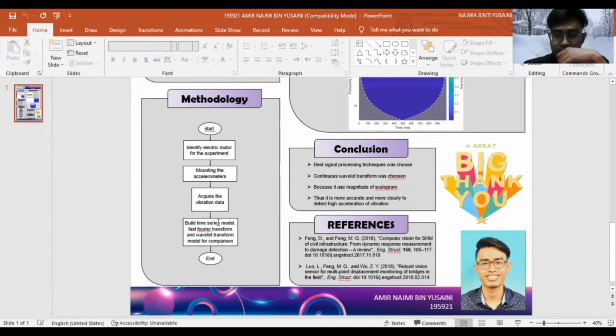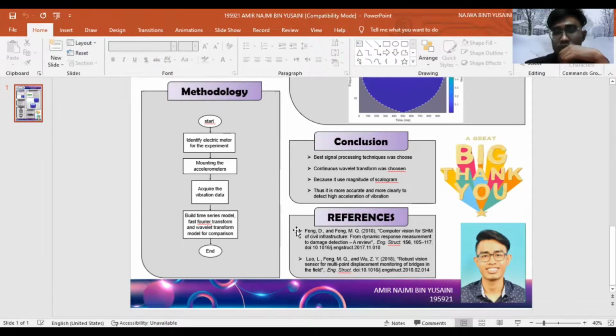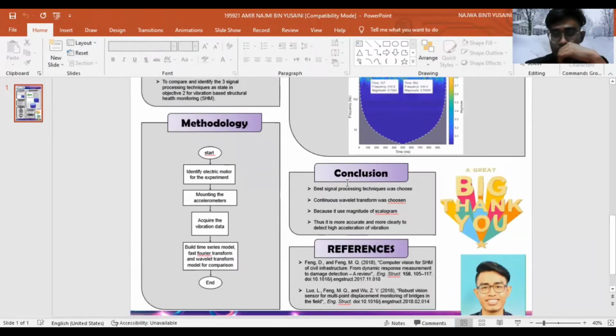The data that has been acquired will be built into the time series model, fast Fourier transform, and also wavelet transform for comparison. That's all for the methodology.